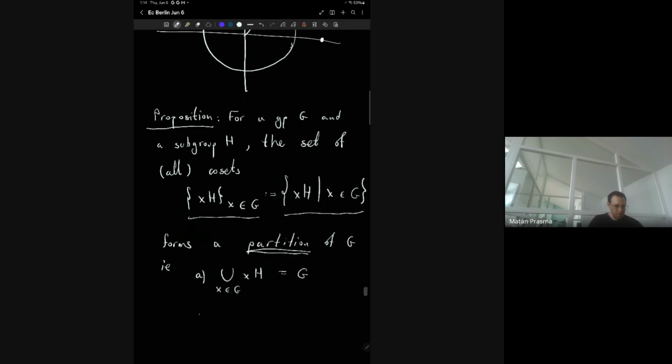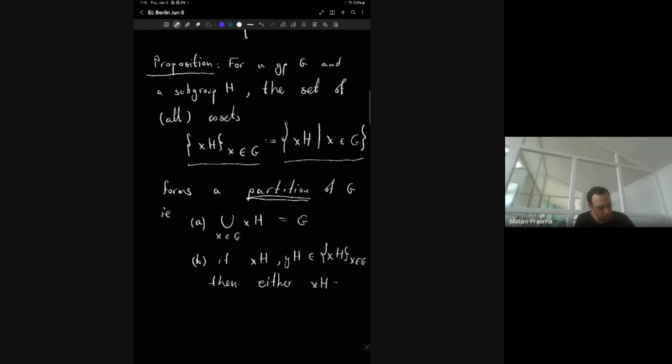And the second condition for being a partition is that if xH and yH are two elements in the candidate for being a partition, then either xH is equal to yH, or xH intersection yH is the empty set.